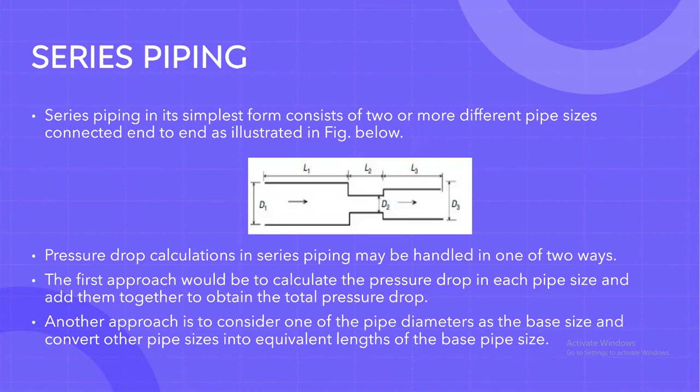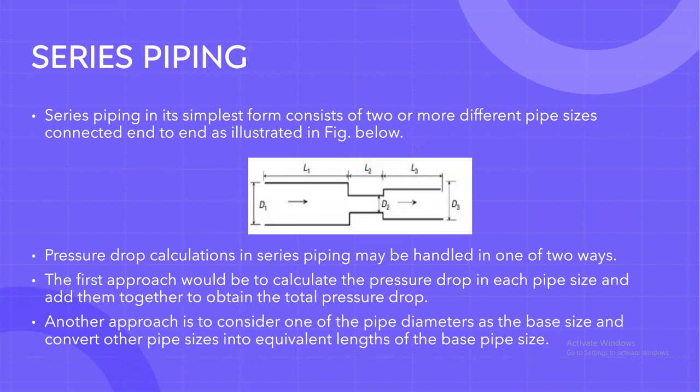Pressure drop calculation in series piping may be handled in one of two ways. The first approach is to calculate the pressure drop in each pipe size and add them together to obtain the total pressure drop. So it means we calculate the pressure drop from here to there, from here to there, and also include these certain contractions or enlargements, but it becomes a complex calculation.